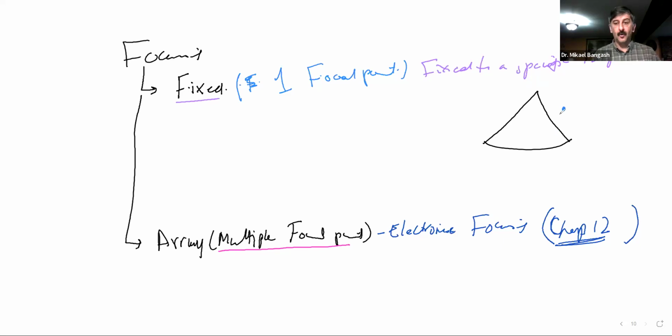That's the single focal point that we have, and this is going to be fixed. Which mainly means that in this case we don't have the liberty of being able to move it to a shallower depth or greater depth, because it was fixed.